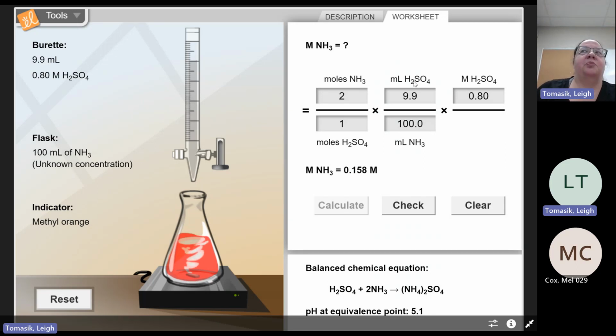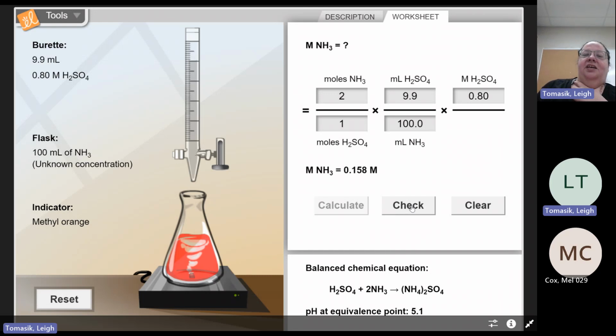I didn't do a great job on this, so I definitely wouldn't screenshot this and think you got the answer, right? You have to do this very carefully so that as soon as it turns red, you stop the acid in the burette from coming in. If you wait a little bit too long, you might get the wrong answer. So the concentration of this unknown flask of ammonia is 0.158 moles per liter, right?